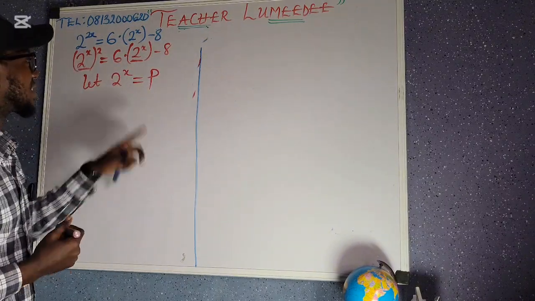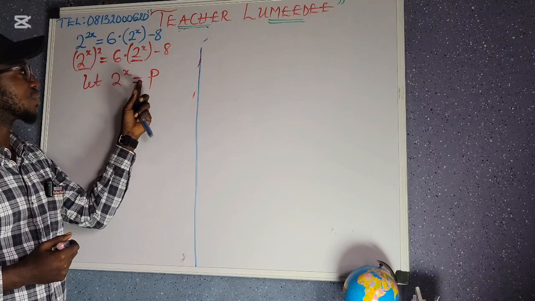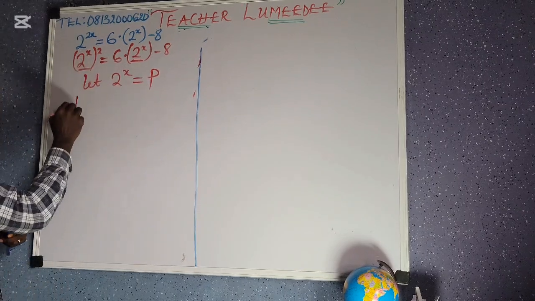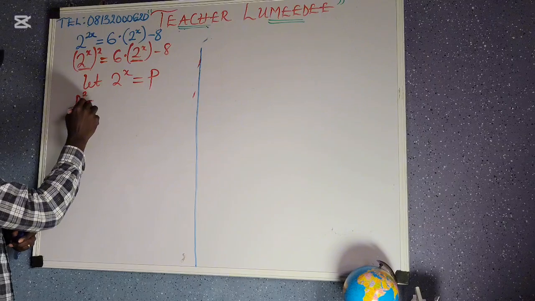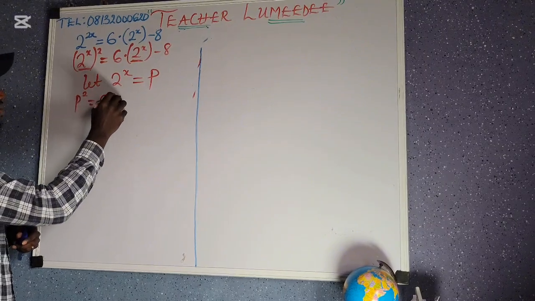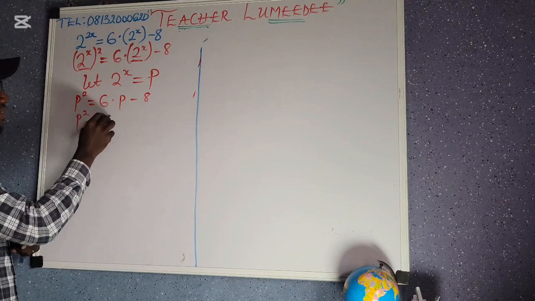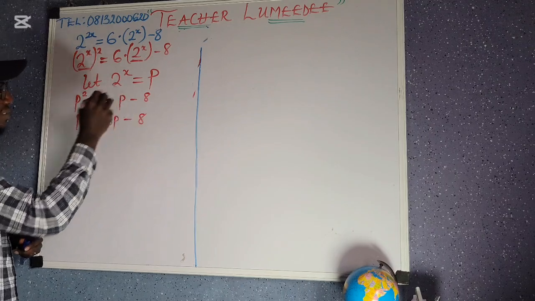So what this means is anywhere I see 2 raised to power x, I'm going to be writing p. So let's go. 2 raised to power x becomes p squared equals to 6 dot p minus 8, and this is p squared equals to 6p minus 8.